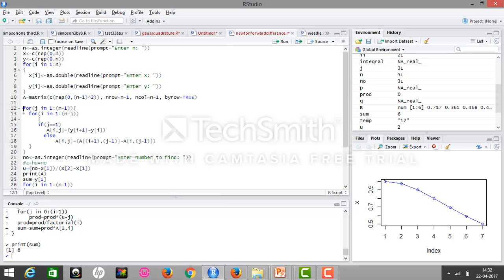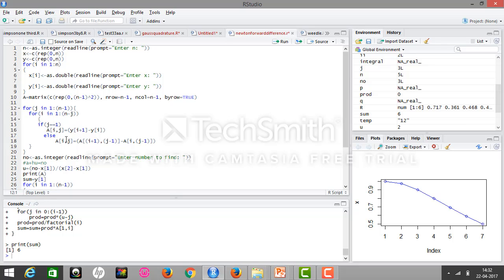Then this for loop is the code for generating the difference table. As you can see, we have two for loops, and if j equals 1, then a of i,j equals y of i plus 1 minus y of i, that is the initial values are fed to the difference table.